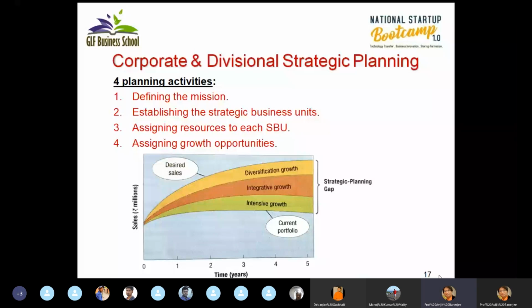A narrow market definition tends to focus on selling a product or service to a current market. Take the example of Pepsi.